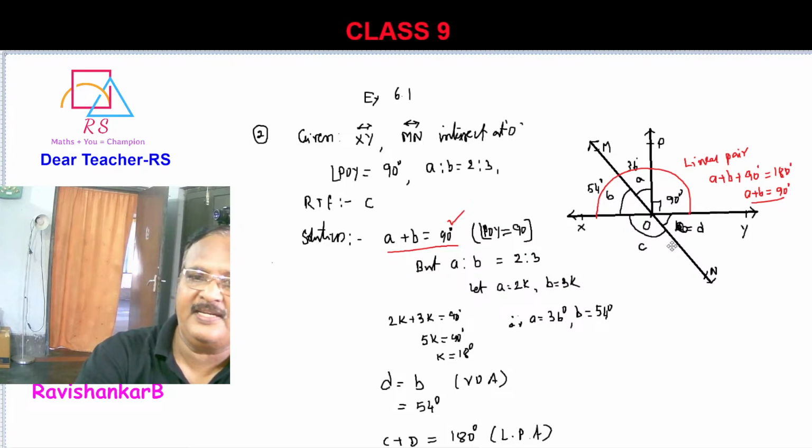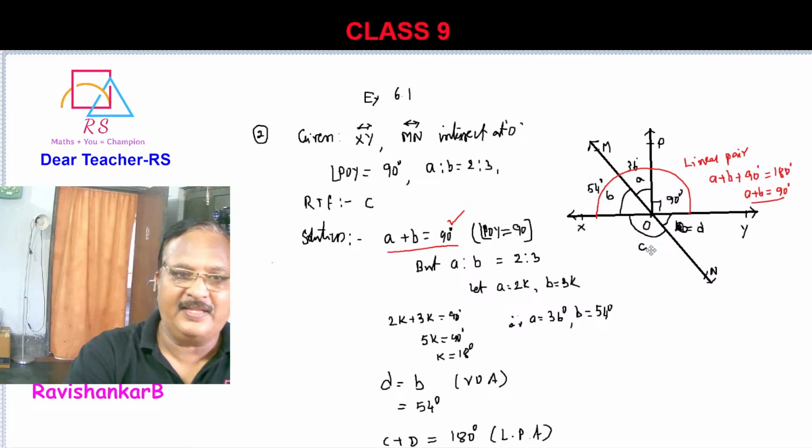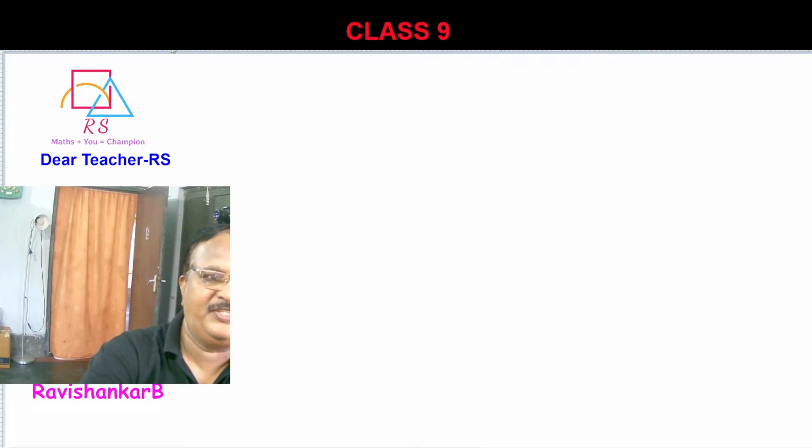There are three angles, but we call this a linear pair. All the three angles stay on one line, so they form 180 degrees. Just learn like that. I have given a clear explanation. Let us go to another question.